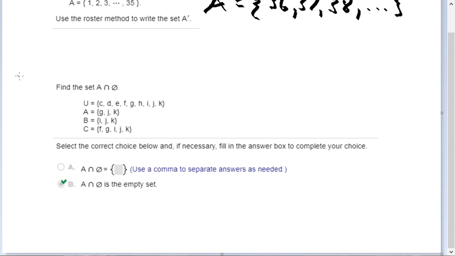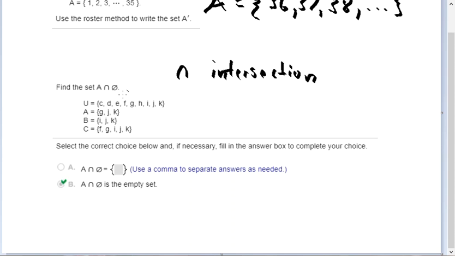It says, find the set A and its intersection with the empty set. This symbol right here looks like an N kind of, stands for intersection. The intersection of sets would be the elements that are inside A and also inside the other set.